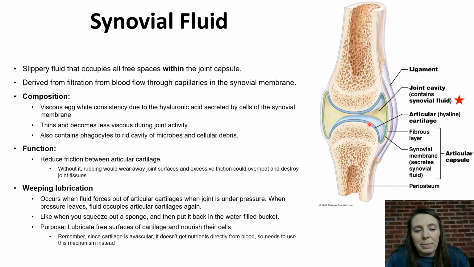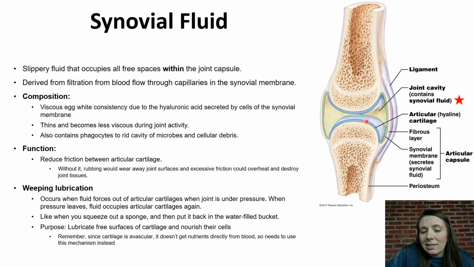So again, the purpose here would be to lubricate all these free surfaces of the cartilage, specifically of this hyaline cartilage, and nourish the cells of these cartilages, because even though the synovial membrane gets direct blood supply from capillaries, cartilage itself is avascular, so there's no blood supply directly feeding the cartilage.